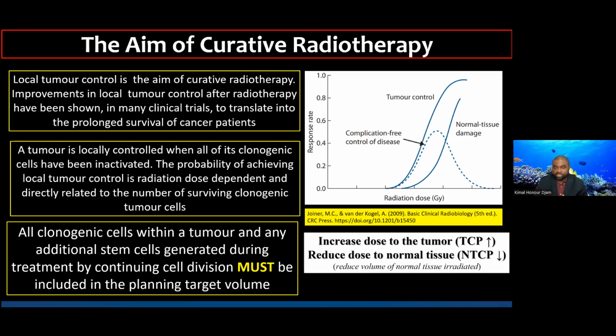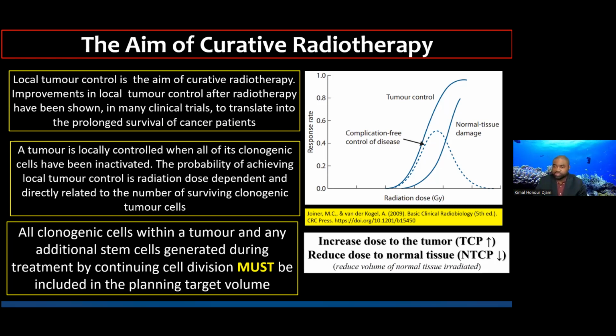Each fraction during the course of fractionated radiation therapy essentially reduces the total population of clonogenic tumor cells within a tumor, which in turn causes a depopulation of the clonogenic tumor cell compartment. In general, clonogenic cells that survive radiation can repopulate the tumor by either proliferation or a dramatic reduction in the cell loss factor.